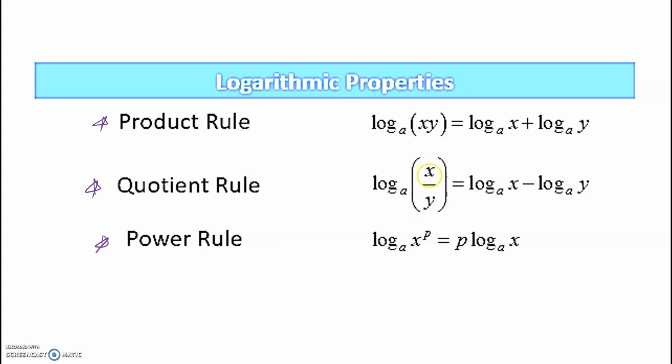If you're dividing, it can be separated into subtraction. And then the power rule: if it's raised to a power, you can bring that power out front and multiply it by your log. So these are the first three rules that we're going to use.